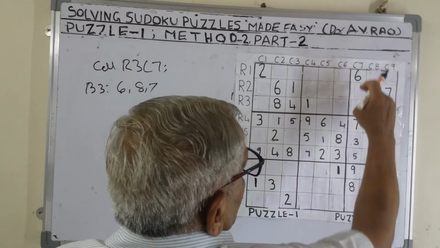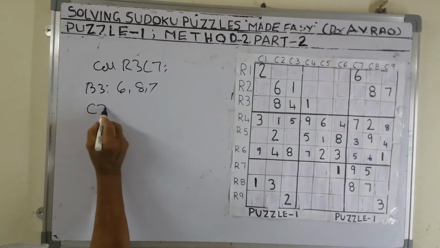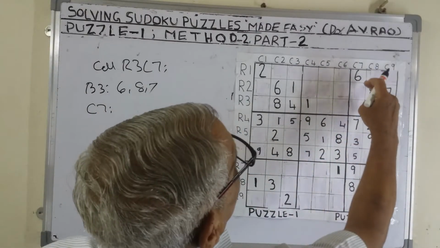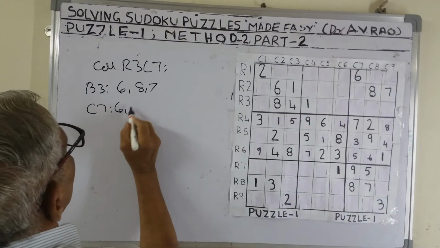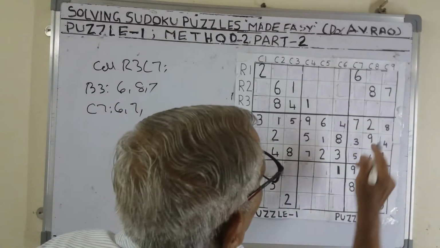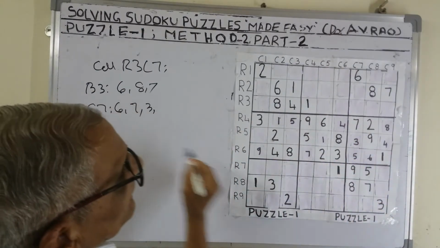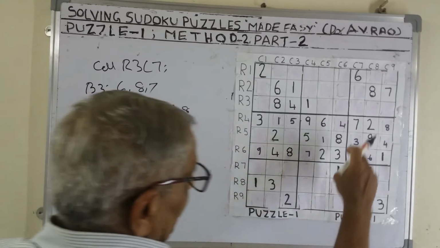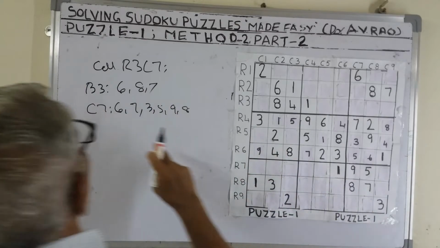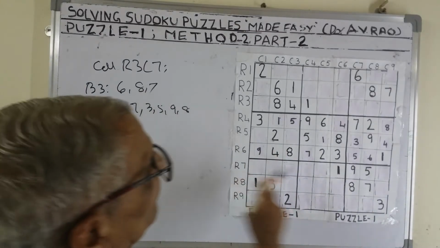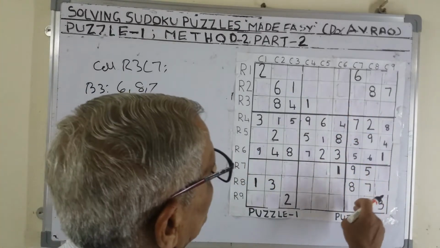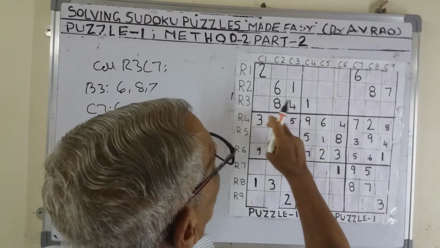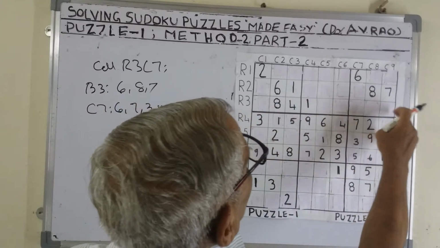Column C7: numbers 6, 7, 3, 5, 9, 8, because many cells are already filled up. So we have taken that one. C7: 6, 7, 3, 5, 9, 8. Okay. And now it will come under row R3.